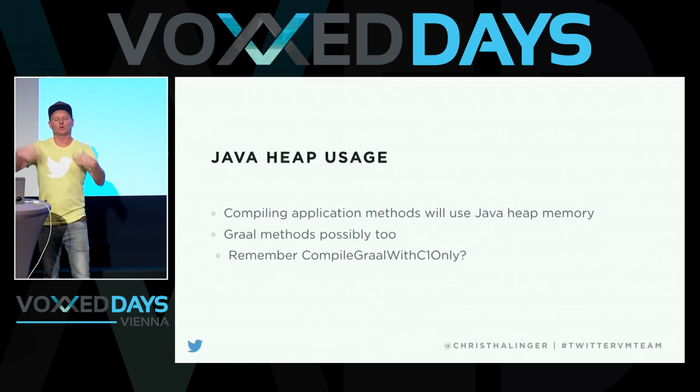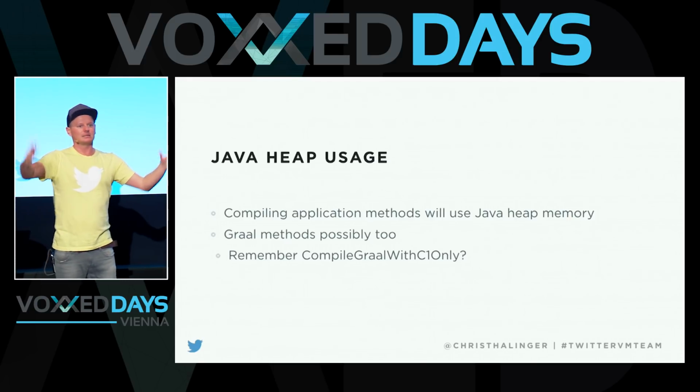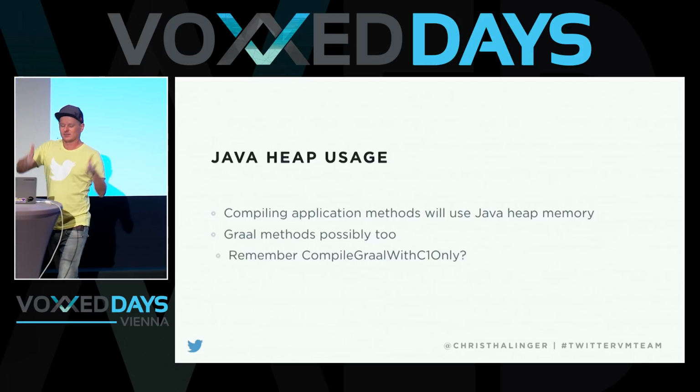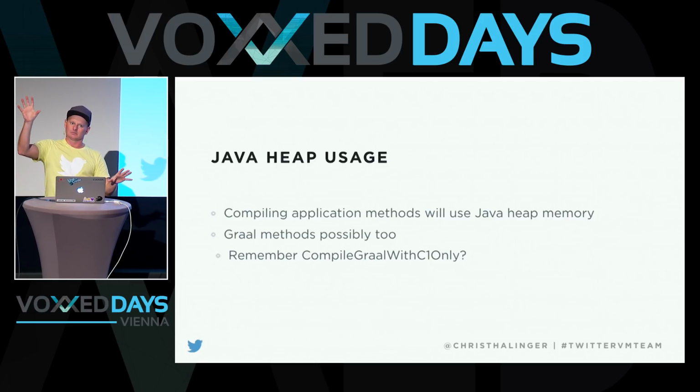If you run with Graal, you could give your VM more memory, increase your heap size, and then you won't have a problem. But remember, the same memory will be used either way, just in different places.